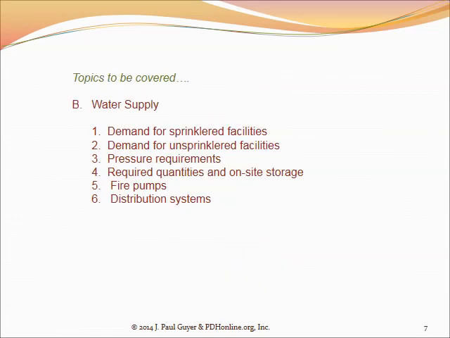The water chapter, or my comments on water supply: the two main categories that you will be looking at are water supply for sprinklered buildings, those that have an automatic fire sprinkler system in them, and those buildings that do not have an automatic fire sprinkler system in them.